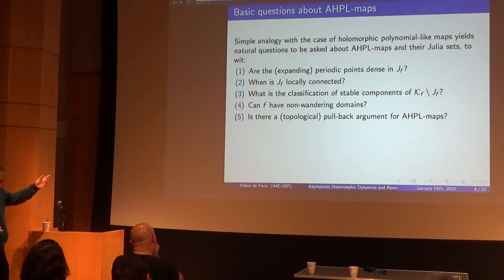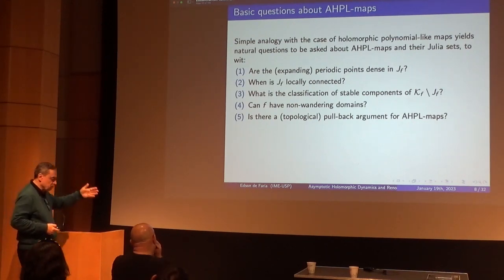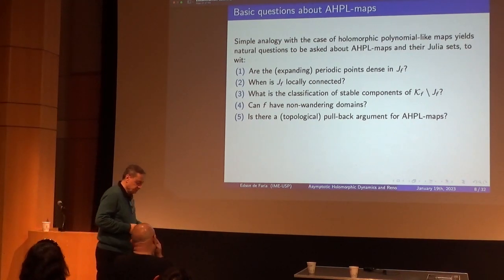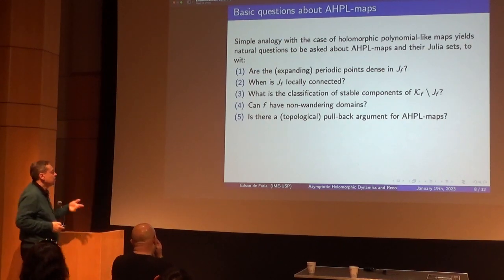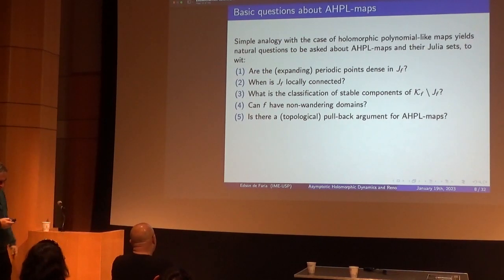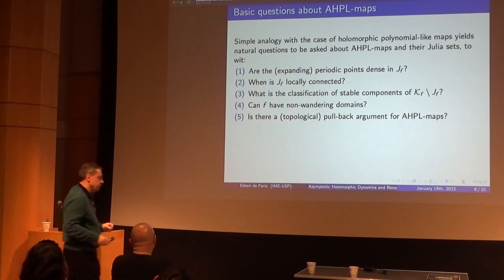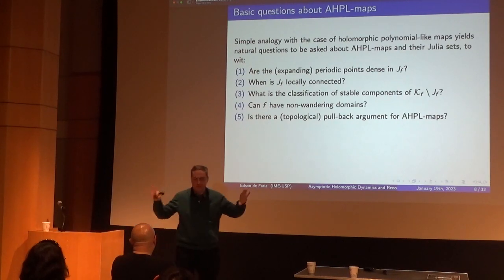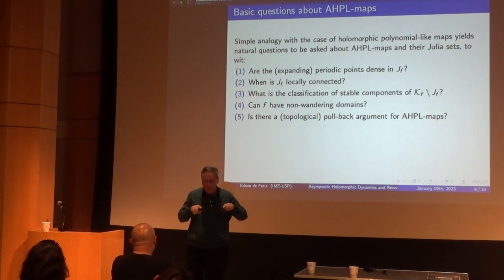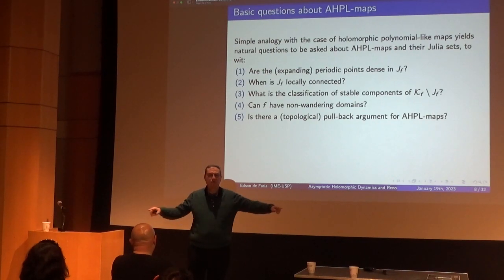Well, I don't want to go into this too much, but there is something called the pullback argument, and you can ask if there is a pullback argument in this context. Suppose you have two maps of this type, and suppose they are conjugate on the real axis, let's say by a quasi-symmetric map.